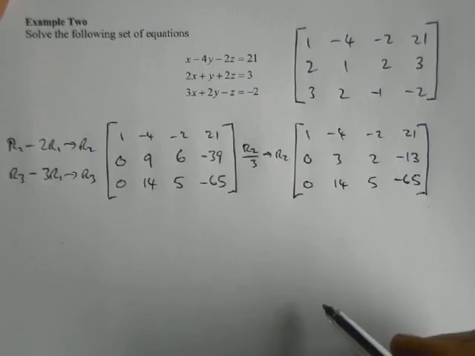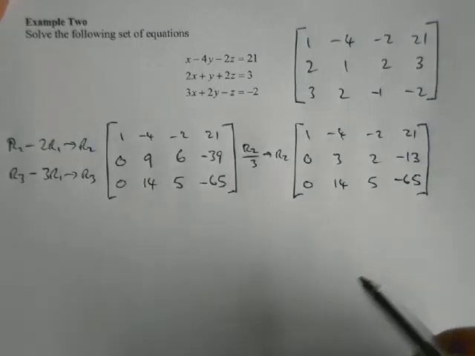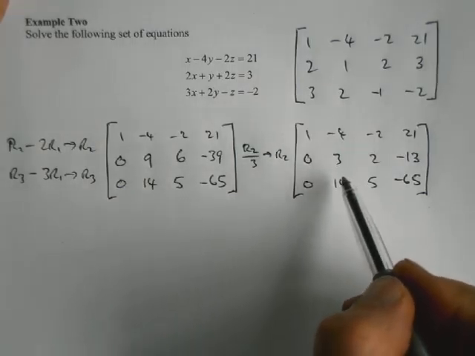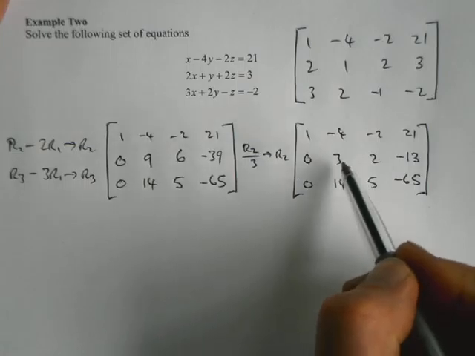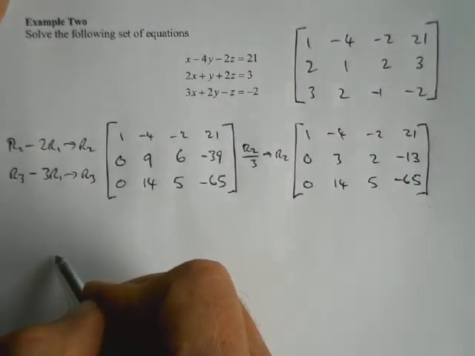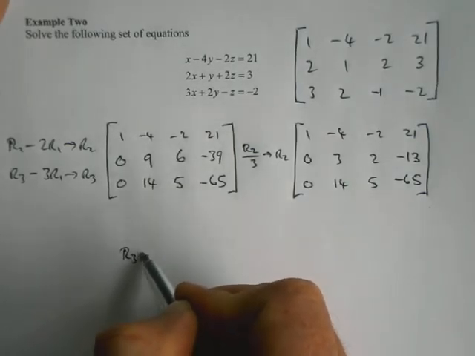So now what I want to do is I want to do 14 take away some lots of 3 to make this one equal to 0. So I'm going to start with my row 3 and I'm going to subtract 14 thirds of row 2 and make that the new row 3.